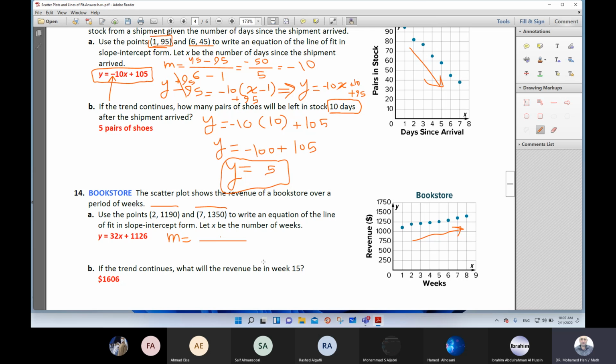Okay, who can tell me what is the slope here?